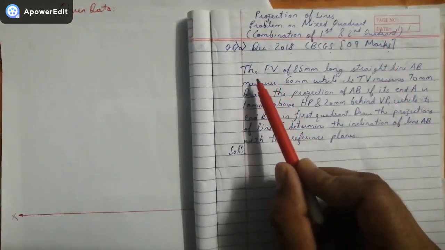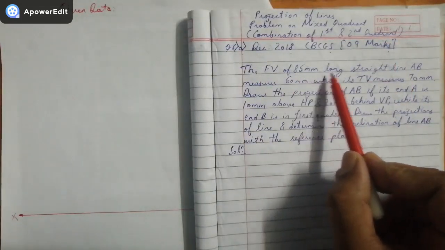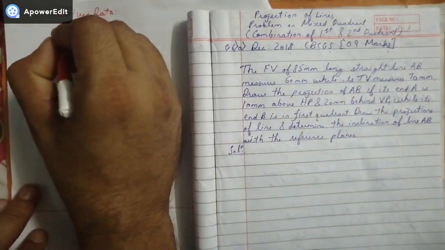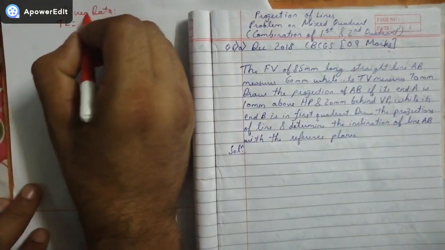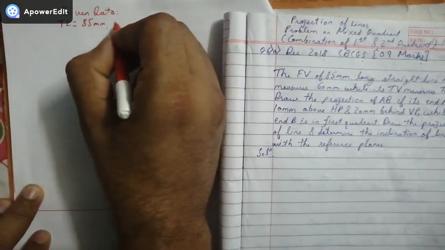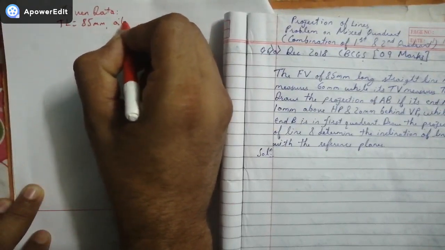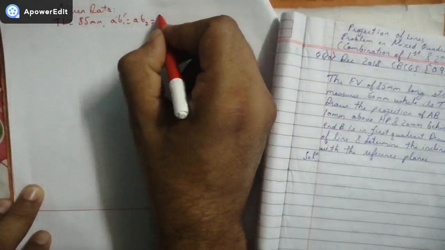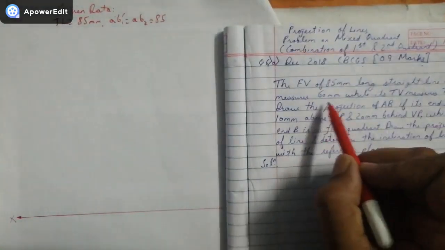The statement goes as: the front view of an 85 mm long straight line AB. 85 mm long means it is the true length. So true length is equal to 85 mm. That means A dash B1 dash is equal to AB2 is equal to 85. Now it measures 60 mm while its top view measures 70 mm.